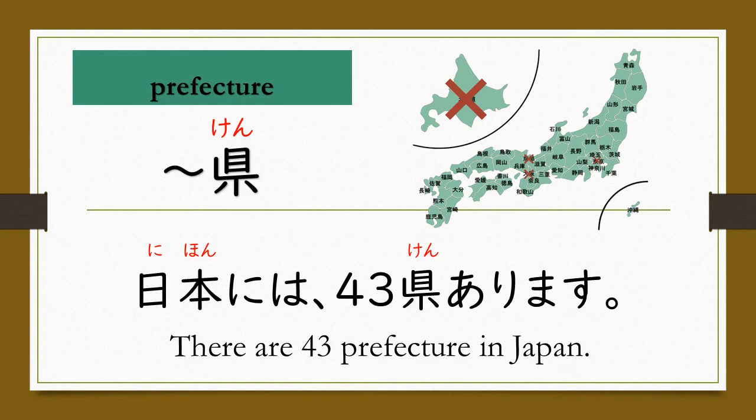You see the X marks? For your information, those 4 X places are 北海道、東京、大阪、京都. They are not ken. We will talk about it next video.